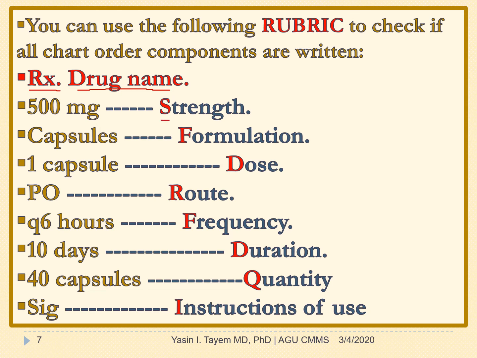Then strength, formulation, dose, route, frequency, duration, quantity, and instructions. So if we look at the following rubric, it should include Rx, drug name, then SFD, RFD, QI.